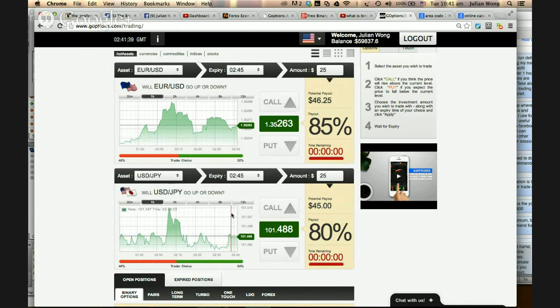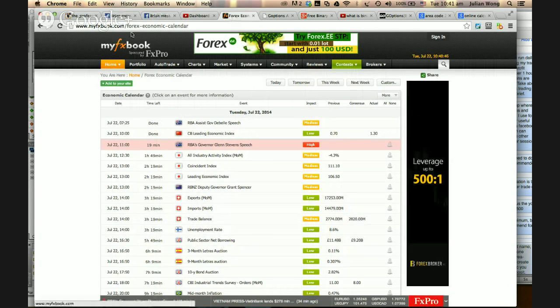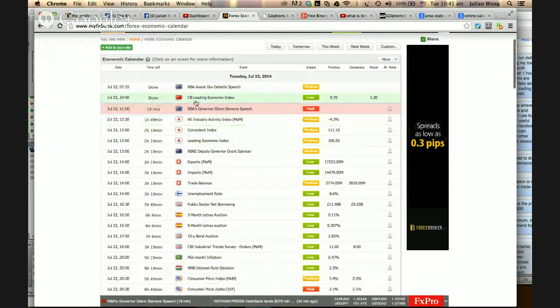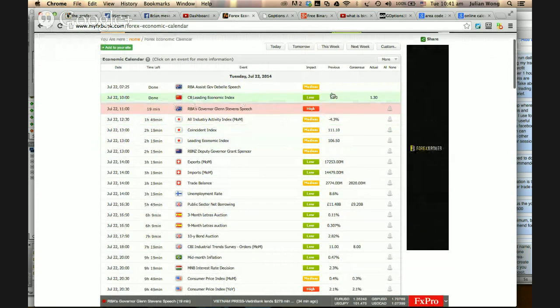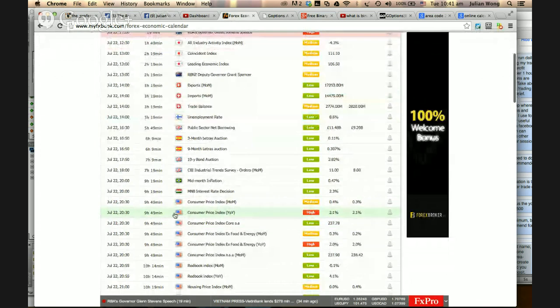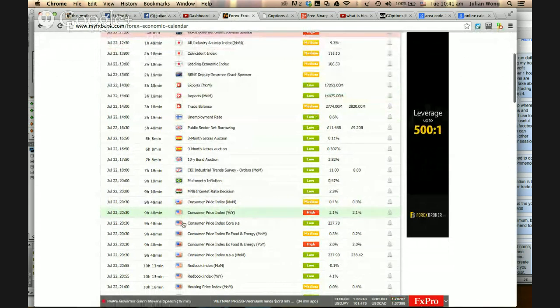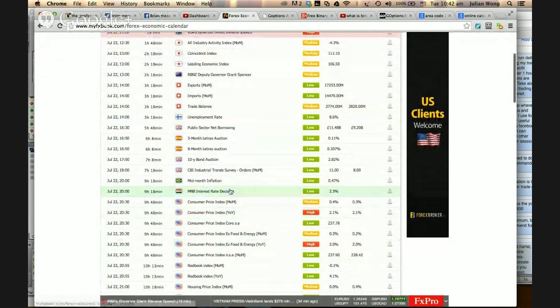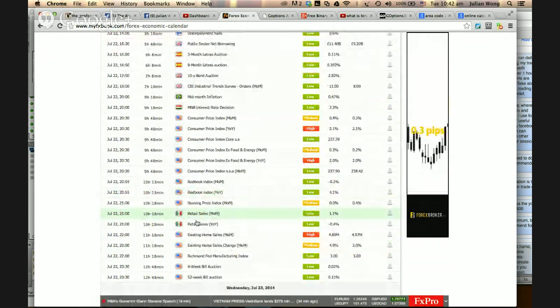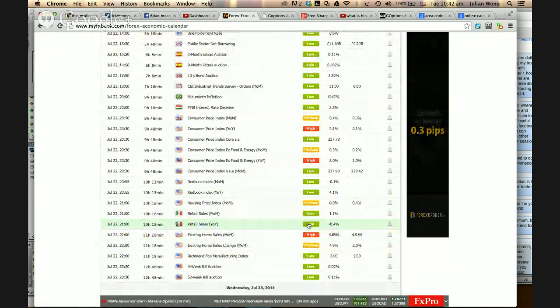During times of news, they tend to swing back into sync again. What I mean by news is, let's say this is the MyFX Book Forex economic calendar, and right now there's news coming up in 19 minutes, and there's going to be news again in the evening at 8:30, morning for you guys, evening for me, and at 10 as well.